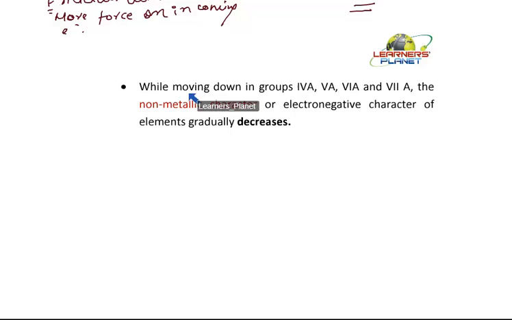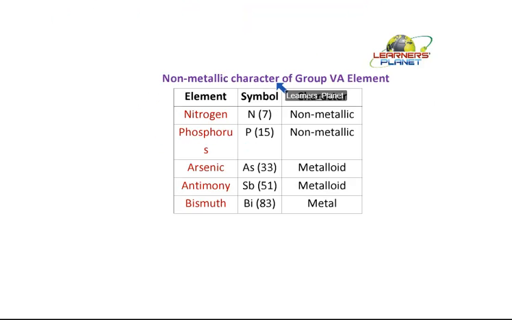Now, while moving down in groups 4A, 5A, 6A and 7A, the non-metallic character or the electronegative character of elements gradually decreases. Say here, this is nitrogen, group 5A. Nitrogen is non-metallic. Phosphorus is again non-metallic. Arsenic is a metalloid. Antimony is a metalloid. Bismuth is a metal.